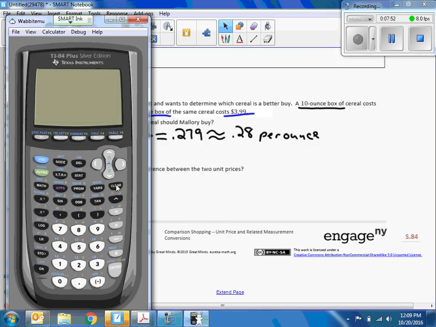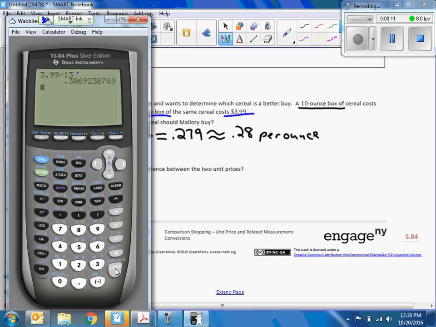so here's my calculator, and it was 3.99 divided by 13 equals 0.3069230.769. Now keep in mind we are doing this for money, so we're going to round to 2 decimal places, so the 6 would round up to be 31 cents.